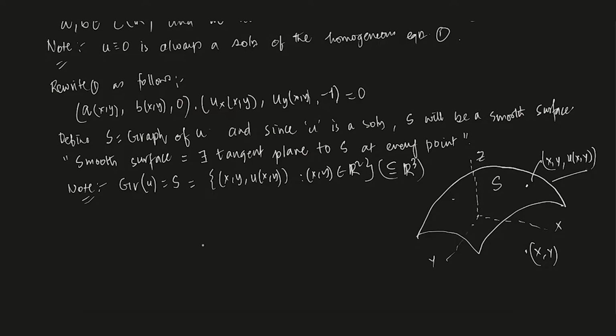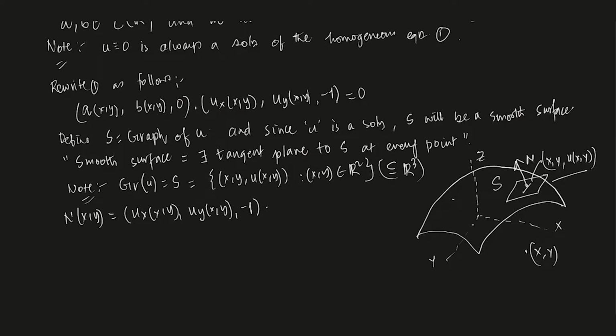Now this is a regular curve, so at every point you have a tangent vector, right? So this point has a tangent plane, and you also have a normal to that plane. The normal at the point (x, y) will be given by (u_x(x, y), u_y(x, y), -1).